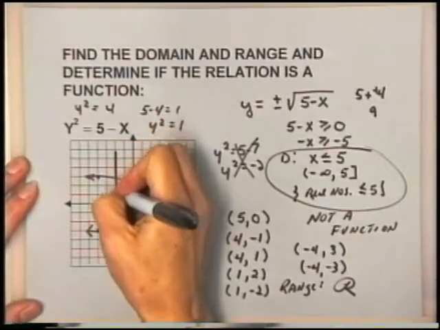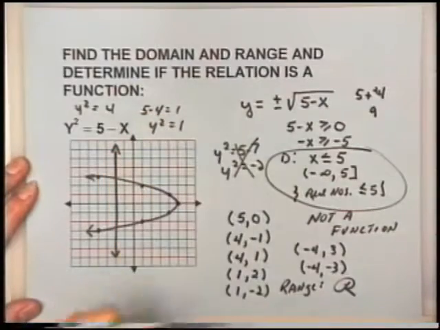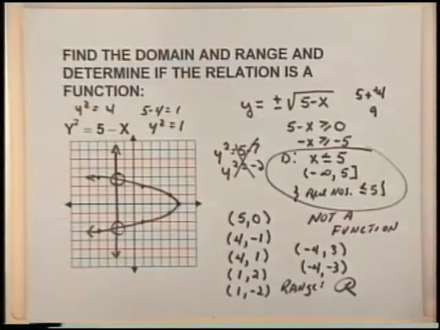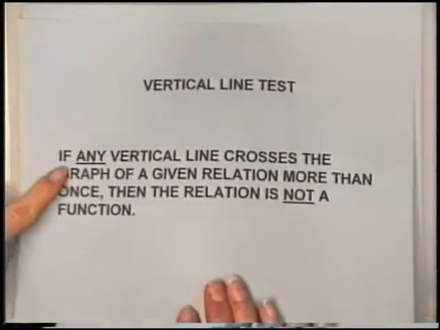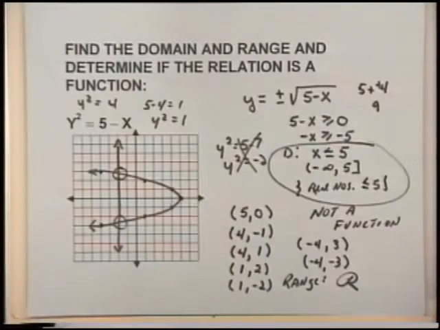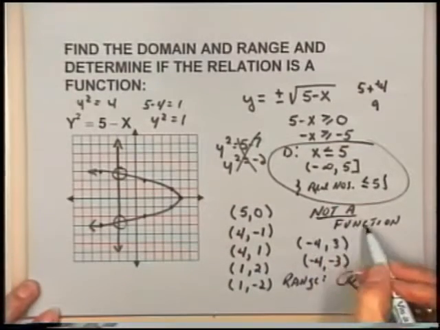Now, recall the vertical line test. If I draw this vertical line right here through my graph, notice there are two places that vertical line crosses my graph. According to the vertical line test, if any vertical line crosses more than once, then it is not a function.